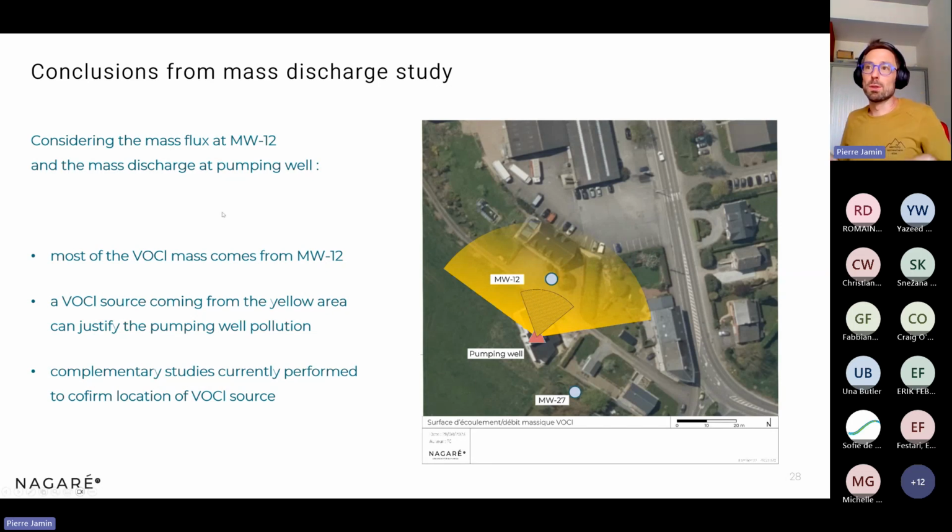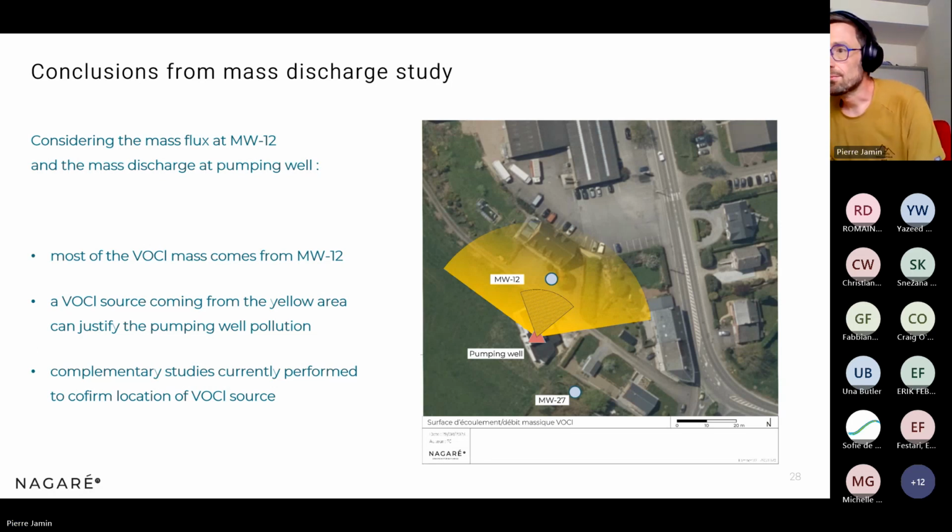So what we were able to tell is that most of the chlorinated solvent comes from the well located in the north, and that a source of chlorinated solvent coming from the area located there in the yellow part could justify the amount of chlorinated solvent that is coming in the pumping well.